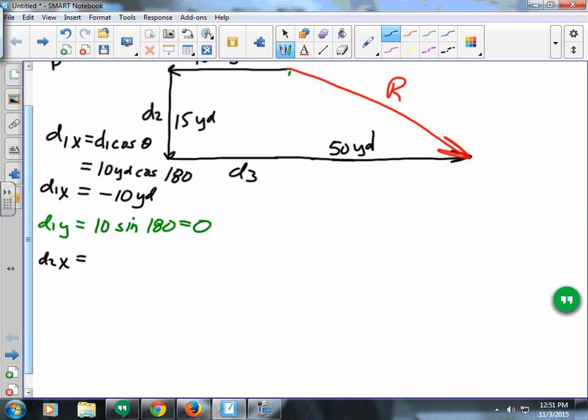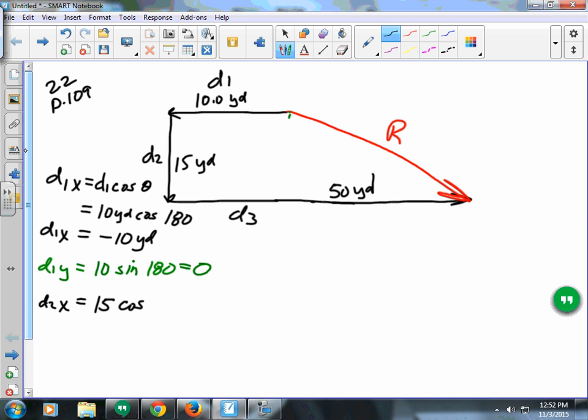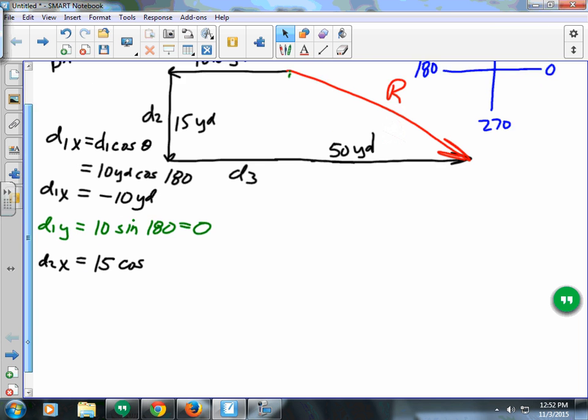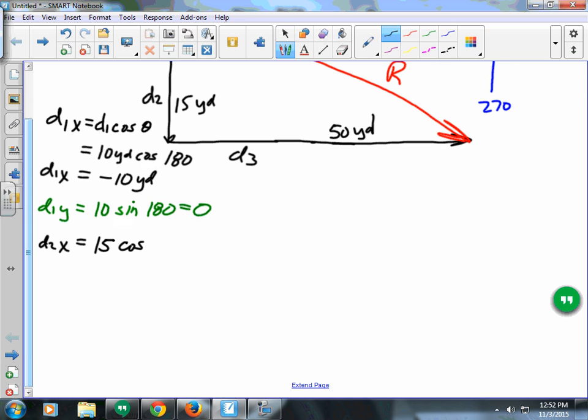D2x is going to be 15 cosine. Okay, straight down is what angle? 270. Good, because remember from yesterday, if we just make it a practice: 0 degrees, 90, 180, 270. That will avoid possible confusion.